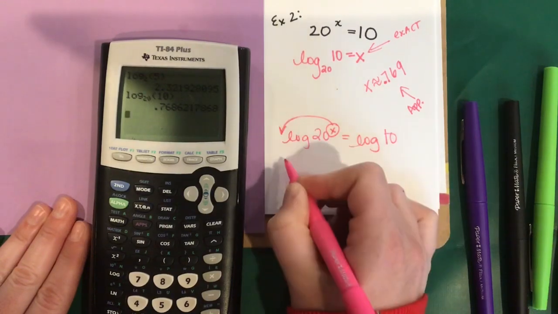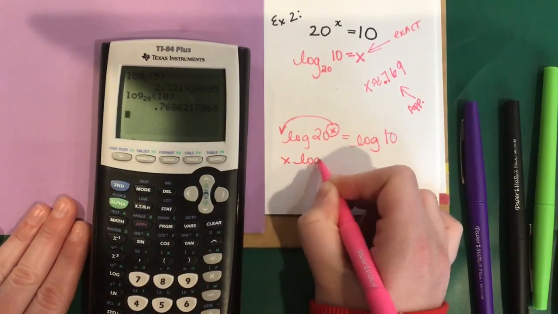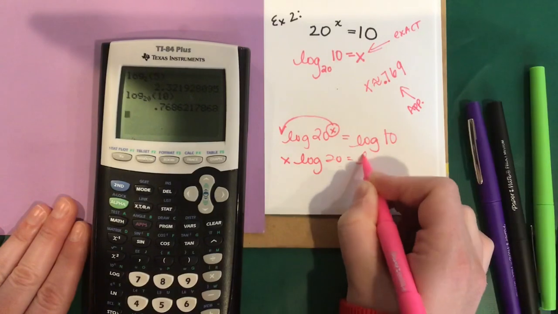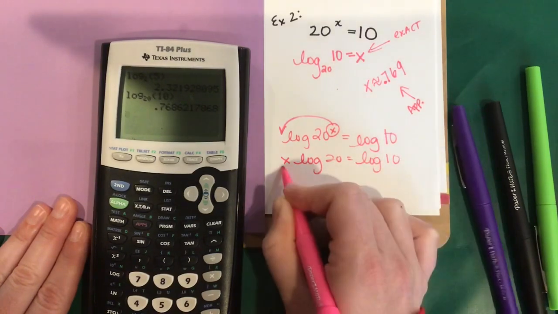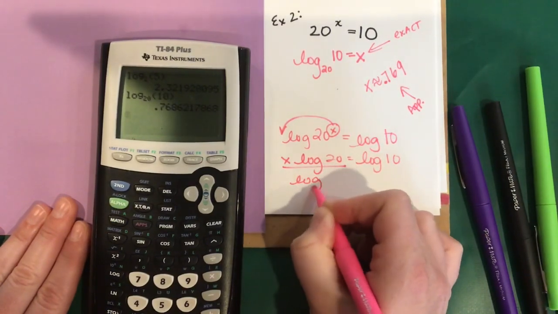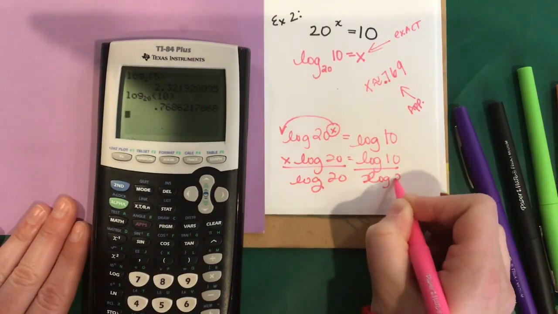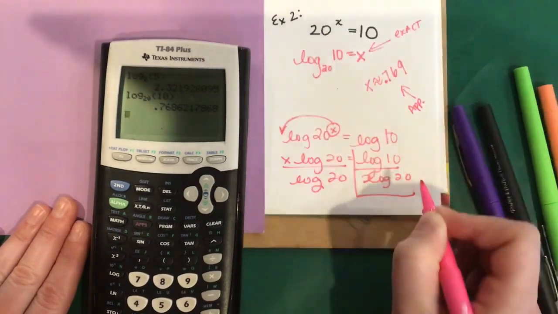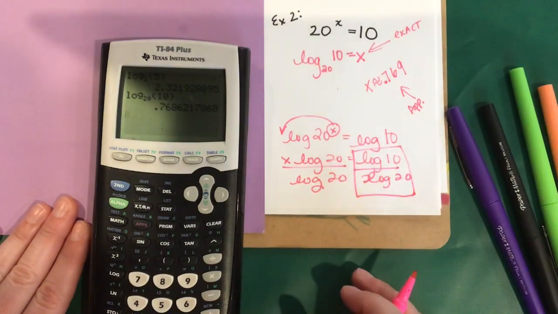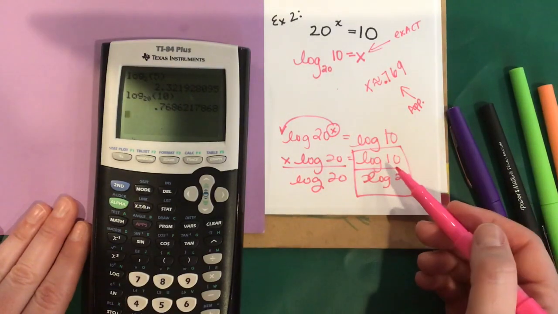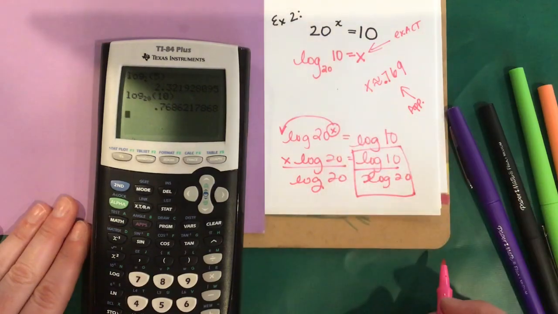And then I get log of 10 over log of 20, which is the change of base of this one.